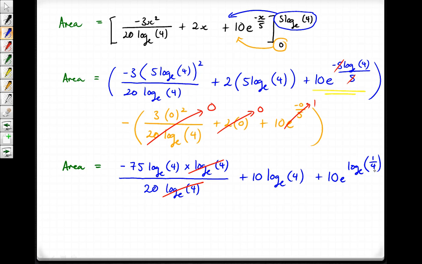So I'm just going to take the negative up into the 4 and use that reciprocal law to turn into a quarter. And then we know that e and log e sort of undo each other. So all we're left with here is 10 times a quarter.